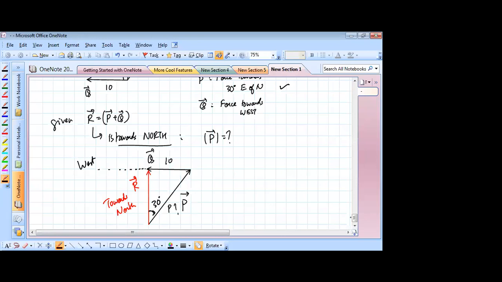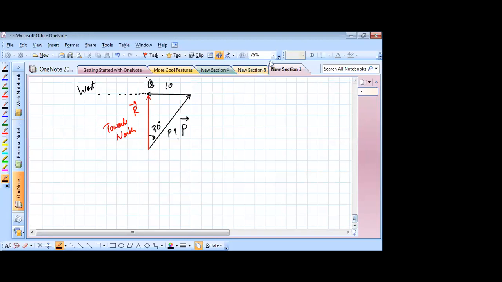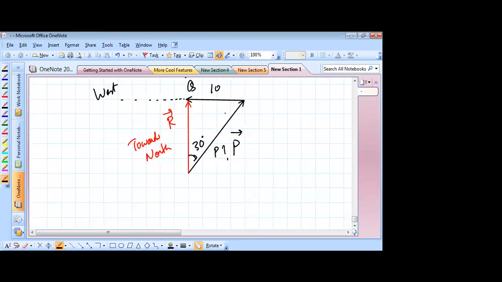Okay. So now we can just solve this right angle triangle and we'll get the solution. So just solving this right angle triangle, we know that this angle will be 90. Okay. So therefore, you can see in this diagram that cos 30 degrees should be equal to 10 by P. So P should be equal to 10 divided by root 3 by 2, or the magnitude of the vector P should be 20 by root 3.